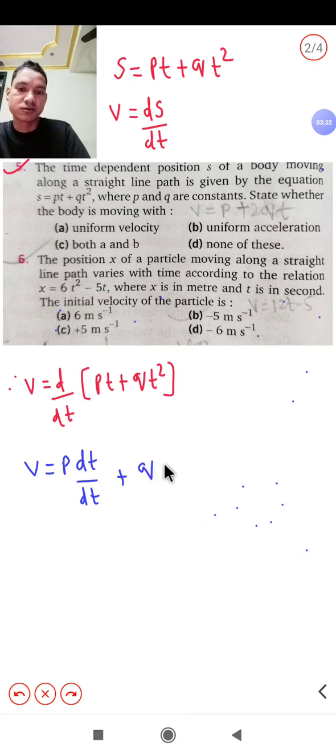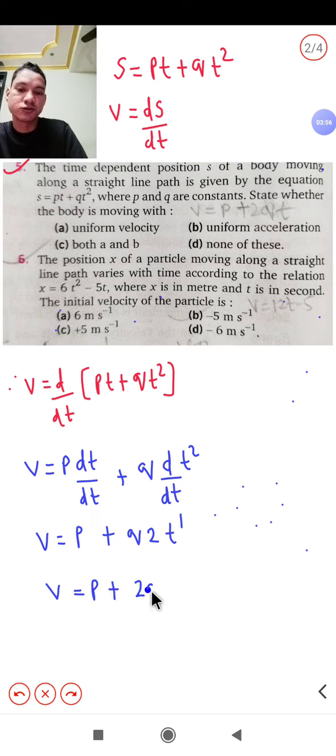Okay, q is constant, let me differentiate t square. Now dt by dt will become 1 here. Now for t square, we know that the power will come in front, and the power of t will decrease by 1. Alright, so this equation is p plus 2qt. This is the expression for velocity.